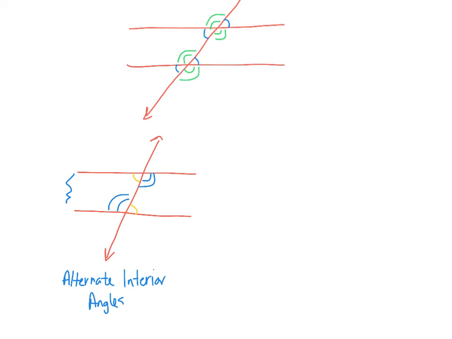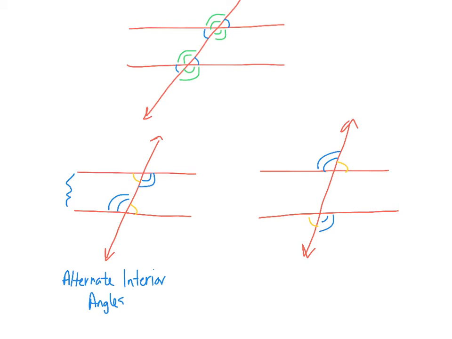So another picture we can look at shows the following. We're just going to look at the outside angles now, outside the two lines. These two are equal, like we talked about before, and these two are equal, just like we talked about before.